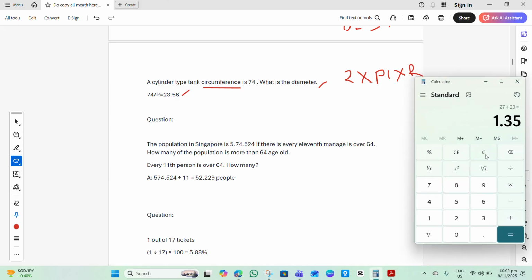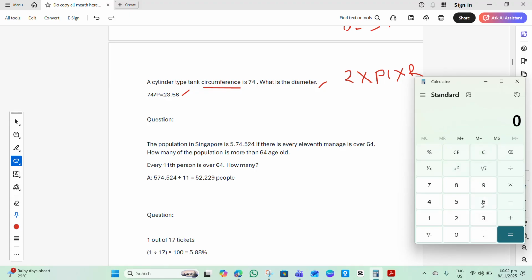Now we need to find the diameter. 2 pi is equal to how many? 6.28, right?